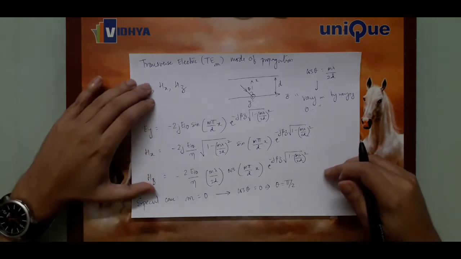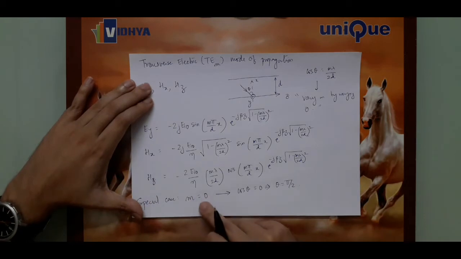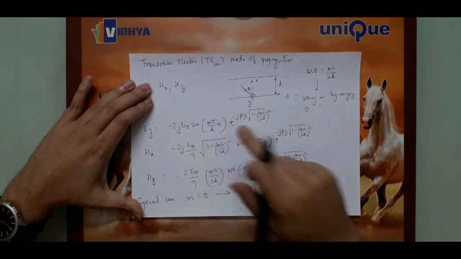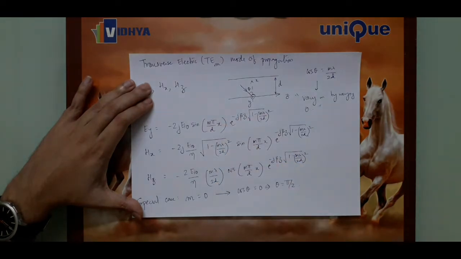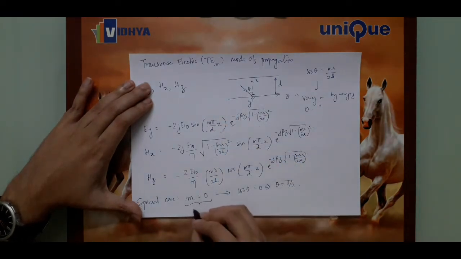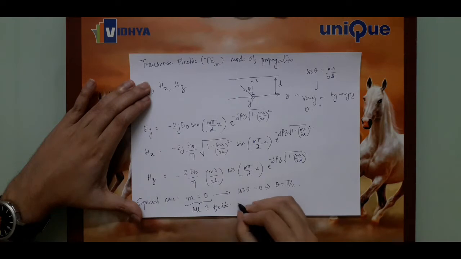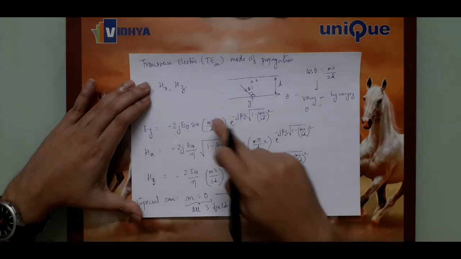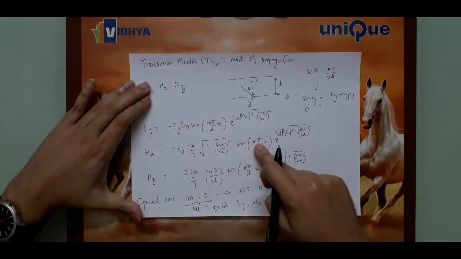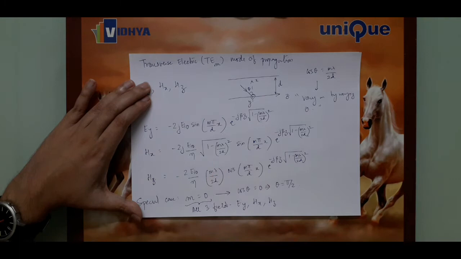So what happens now? The moment we have m equal to 0 and we substitute that in these field expressions, we see that all the three fields, Ey, Hx and Hz, what happens to those fields? The moment you put m equal to 0, the sine term becomes 0 and this term also becomes 0.